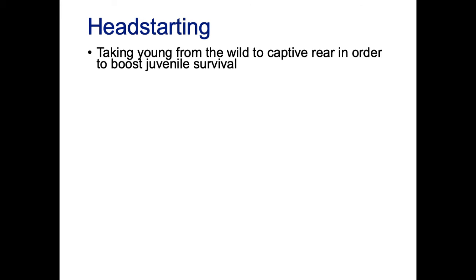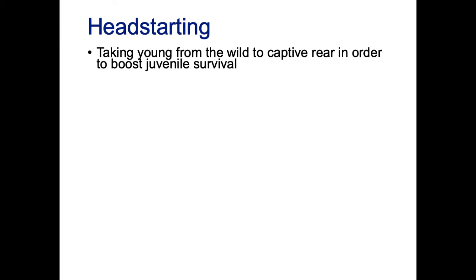The next thing I want to talk about is called headstarting. This is where you take young from the wild, you captive rear them for part of their lives, and then release them to help boost juvenile survival.